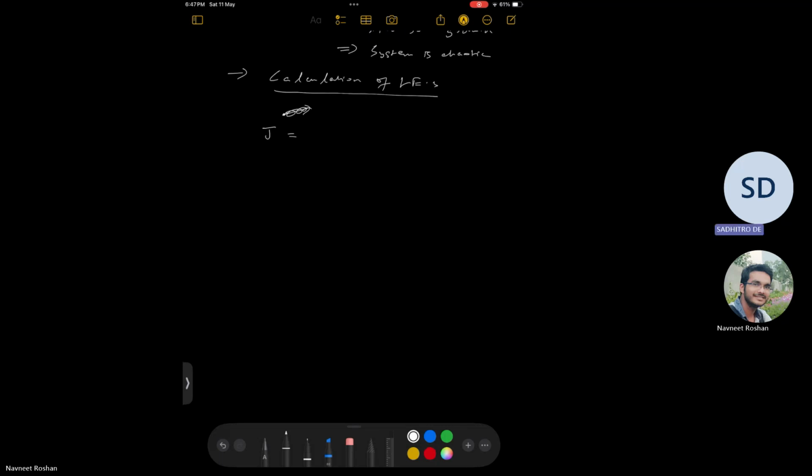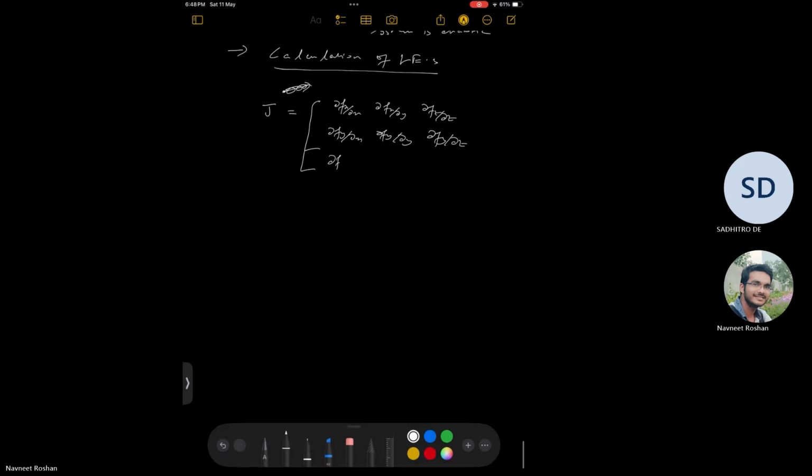The Jacobian matrix, for a three-dimensional system for example, is given as follows. So this is the Jacobian matrix.